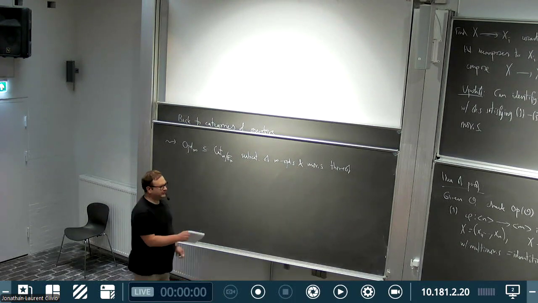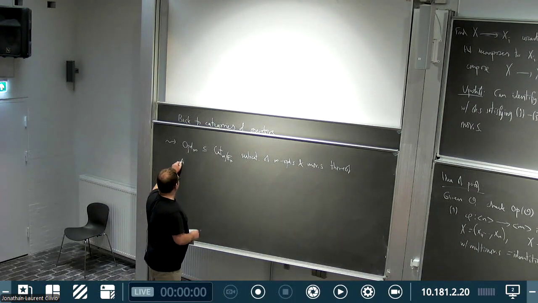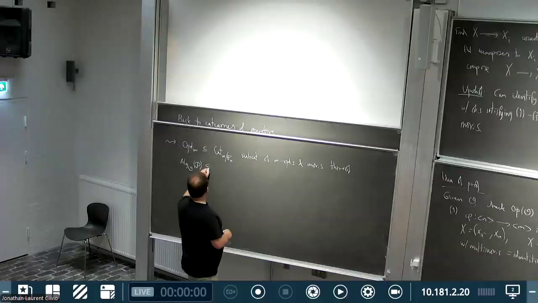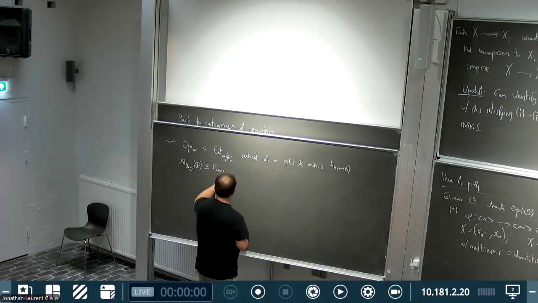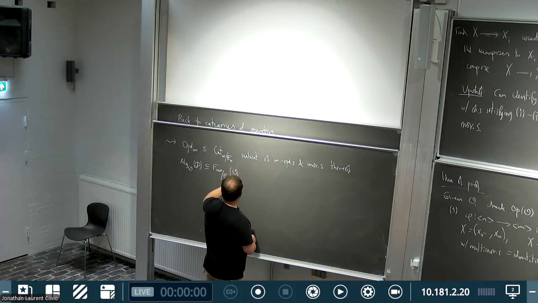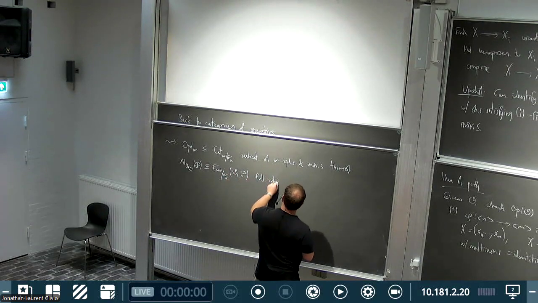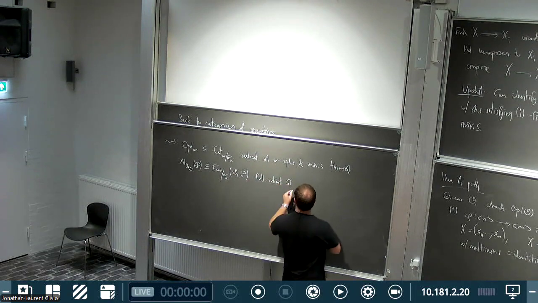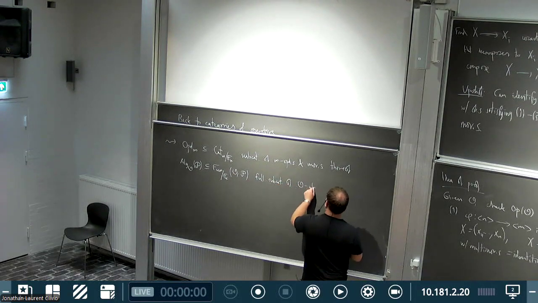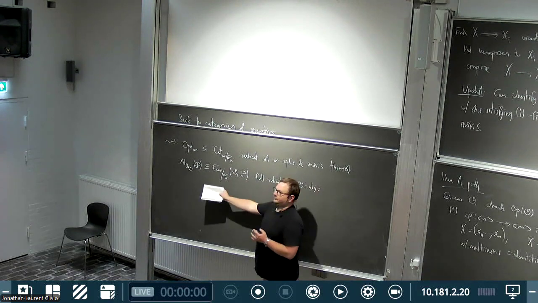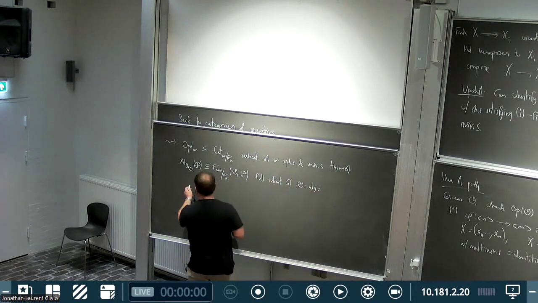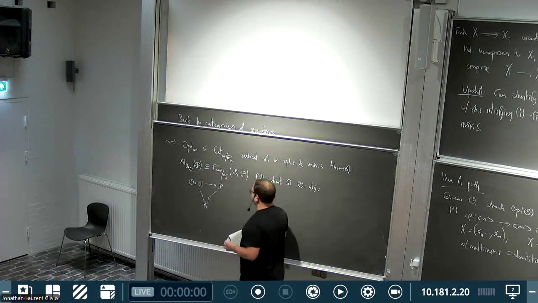Given two infinity operads O and P, you can define an infinity category of O algebras in P as a full subcategory of functors over finite pointed sets from O to P. That means a morphism of O algebras in P is going to be a natural transformation, living over finite pointed sets like this.